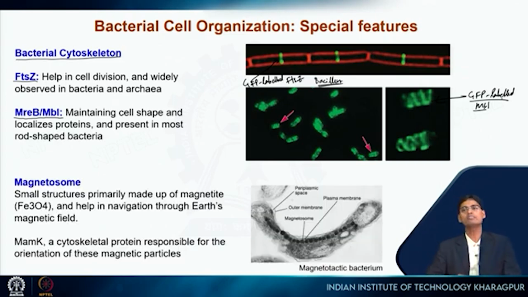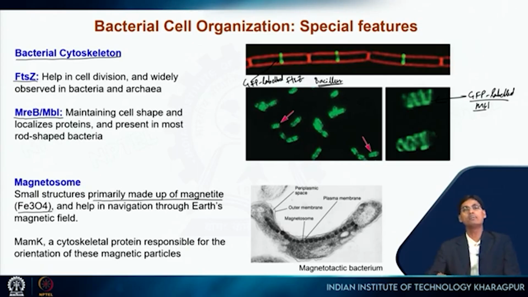And another interesting special feature in bacteria is that some bacteria have some kind of small structure, primarily made up of magnetite, as you can see here, and it helps in navigation through Earth's magnetic field.